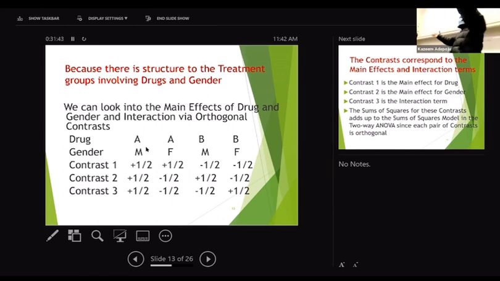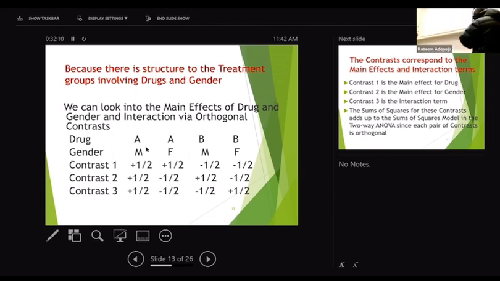Is there a significant difference between drug A and drug B? I've used drug A on male and female, and I've used drug B on male and female. Is there any significant difference between that? That is what contrast one is talking about.